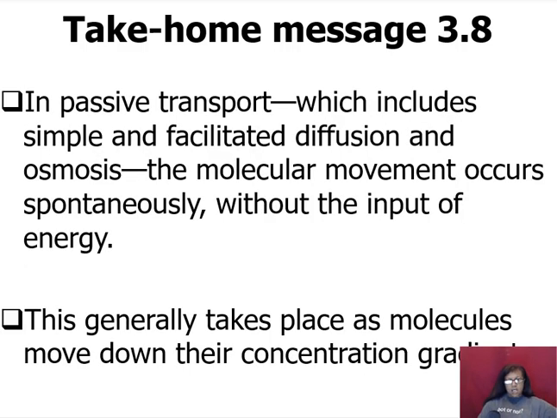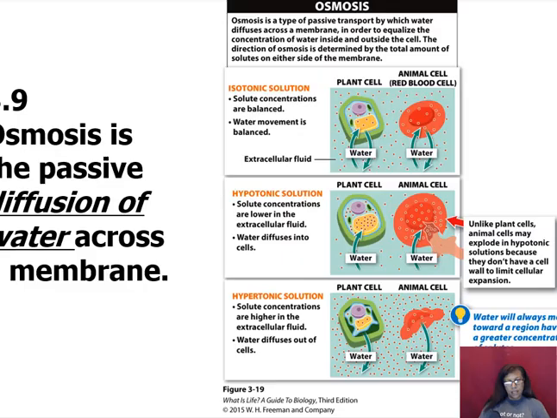All right. So in passive transport, which includes simple and facilitated diffusion and osmosis, the molecular movement occurs spontaneously without the input of energy. And this generally takes place as molecules are moving down their concentration gradient. So we talked about diffusion, but now let's look at osmosis.